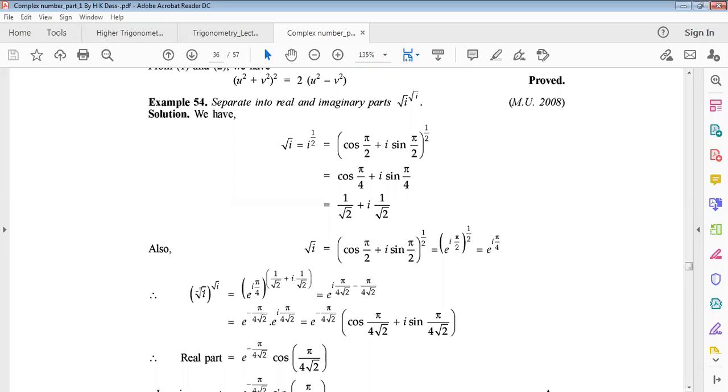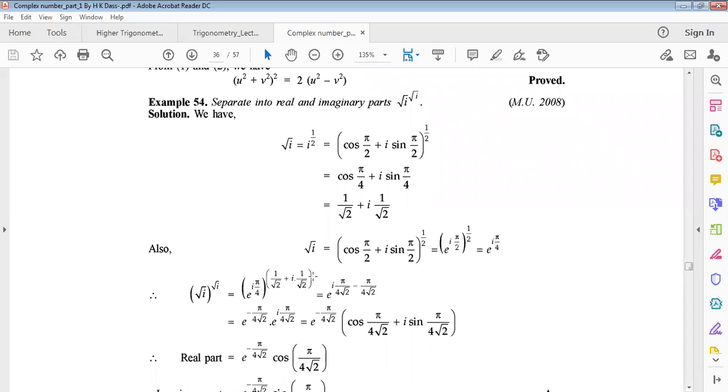Now √i to the power √i can be written as (e^(iπ/4))^(√i). Taking the exponential form, just multiply π/4 by 1/√2 multiplied by i, plus then i squared, and i squared means minus 1.